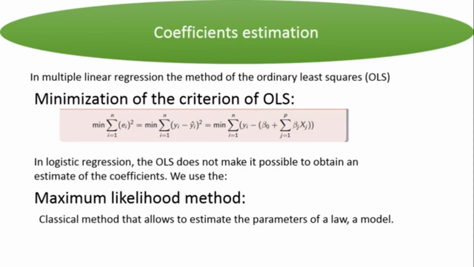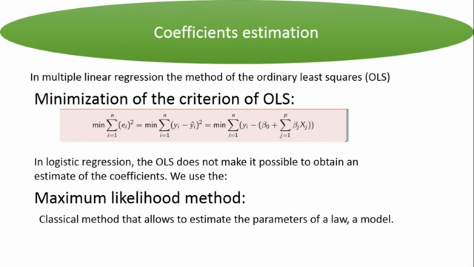In multiple linear regression, the method of ordinary least squares, known as minimizing the sum of squared errors, is not appropriate in the case of logistic regression.